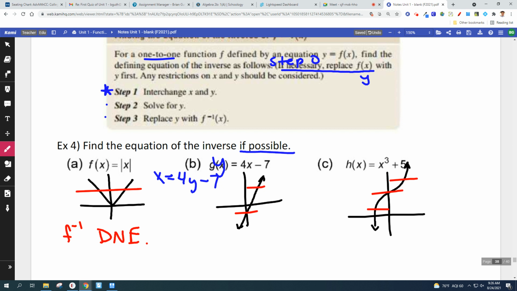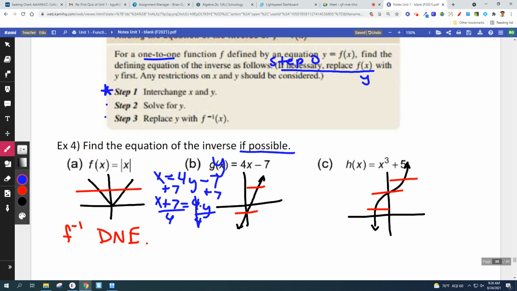Step 2, solve for y. So I'm going to isolate y, but essentially what I'm doing is I'm canceling out the operations in this problem. See this minus 7? I'm going to add 7. I've got x plus 7 equals 4y. See how that's times 4 right there? That's y times 4. I'm going to undo that by dividing by 4. And so I've got y equals x plus 7 over 4.